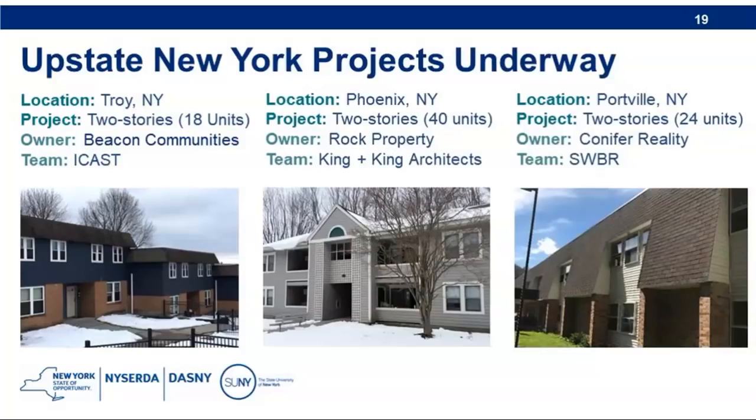When it says team, that's the team leader, though they're highly integrated teams representing architects, engineers, builders, energy performance specialists, and manufacturers. So you're really talking about integrated teams who are now reaching the end of the design phase, and we're hoping all of these projects are going to go to construction the beginning of next year.